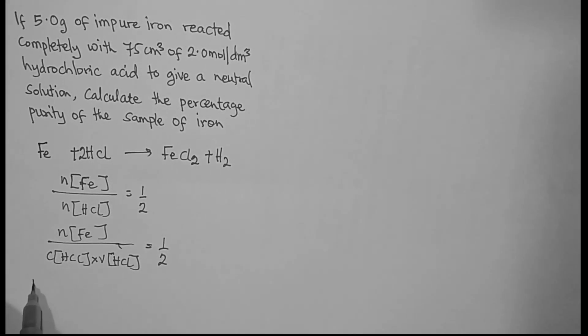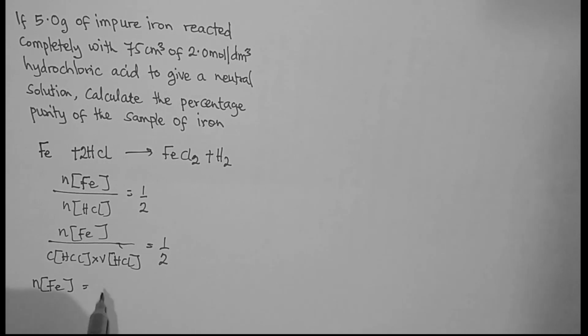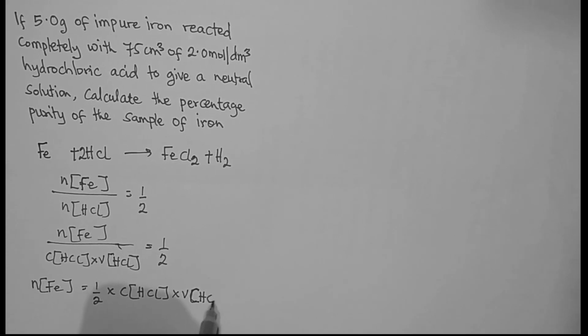So what we then do is number of moles of iron is equal to 1/2 times the concentration of the hydrochloric acid times the volume of the hydrochloric acid.